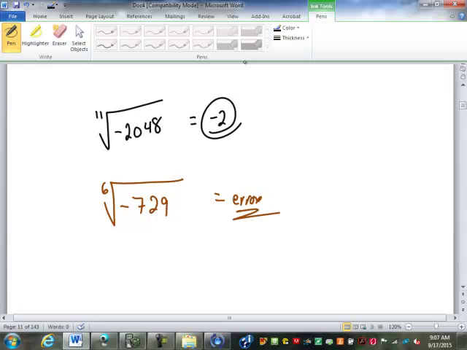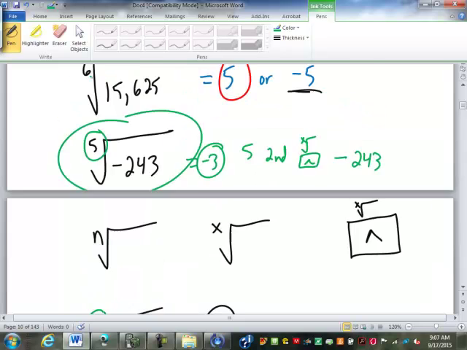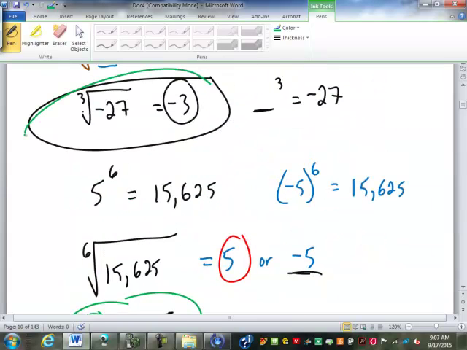Get an error? You noticing a pattern here with taking the roots of negatives? Which ones can we take and which ones can't we take? This one worked fine. Why did this one work? Because this is an odd root. It's an 11th root. The 5th root worked for a negative number. The 3rd root worked for a negative number.